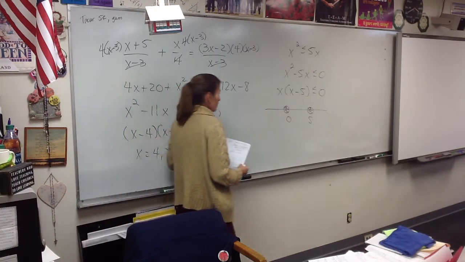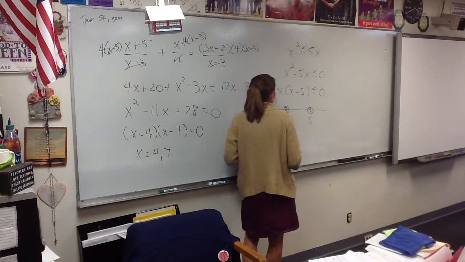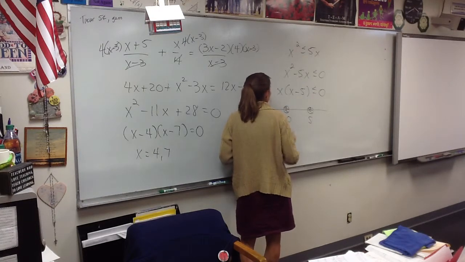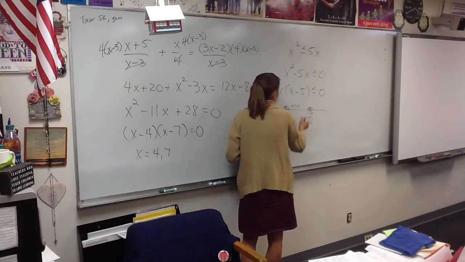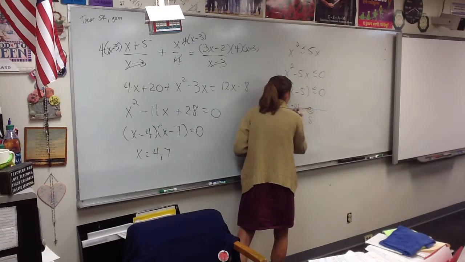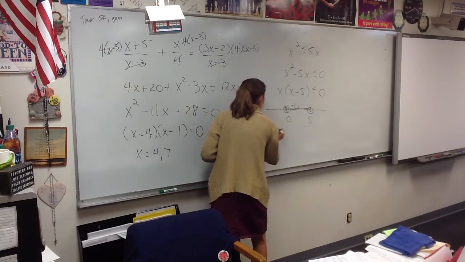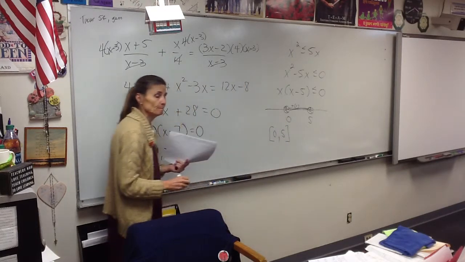Now I'm going to pick a number. 2. If I put 2 in, it doesn't matter where I put it in, I'm going to put it in right here. If I put 2 in, I get a positive times a negative. Does that work for me? Yep, so that works. So my answer is everything between 0 and 5.